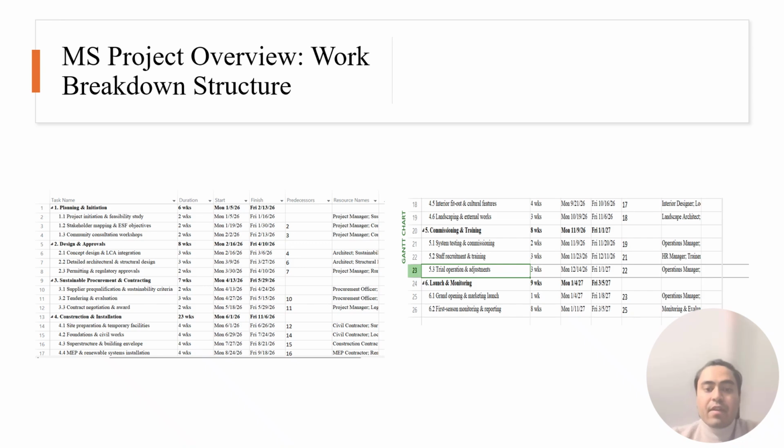The fifth phase is commissioning and training, in which all systems are tested and staff are recruited and trained. The sixth and final phase is launch and monitoring, which covers the grand opening and first season of performance monitoring. Each summary task in Microsoft Project is broken down into sub-tasks with clear durations, predecessors, and resource assignments.